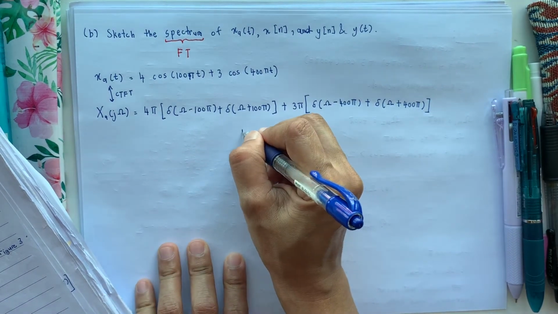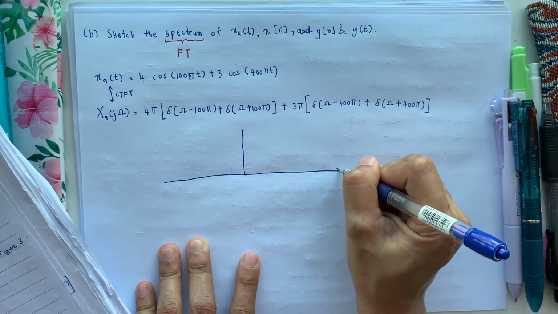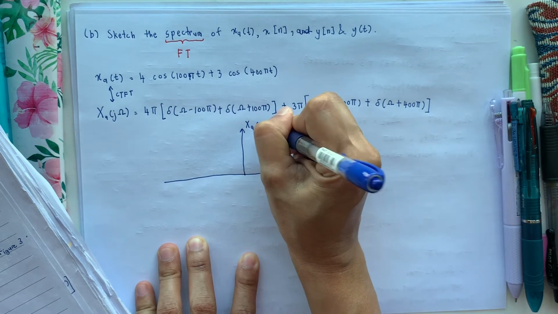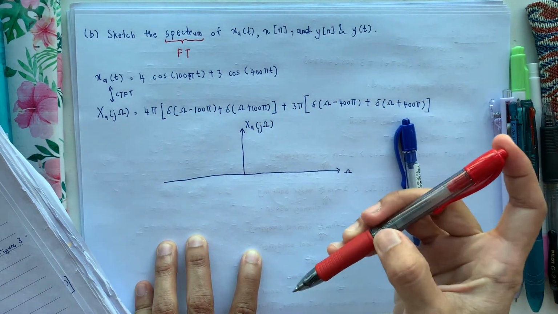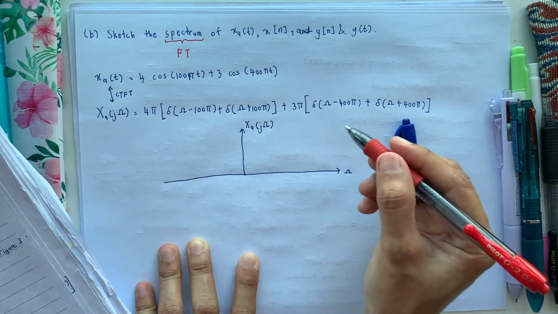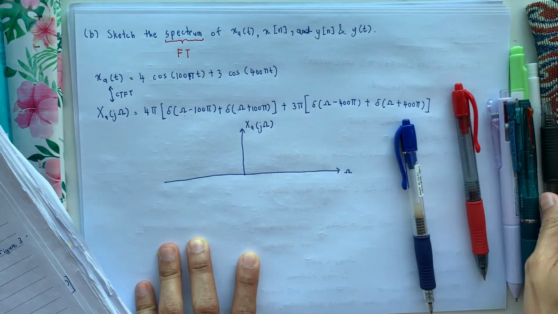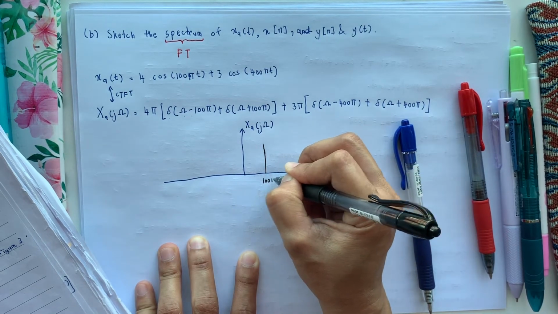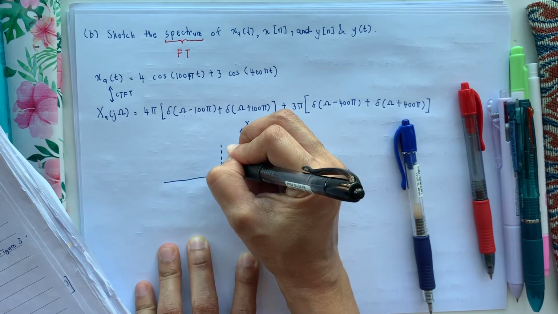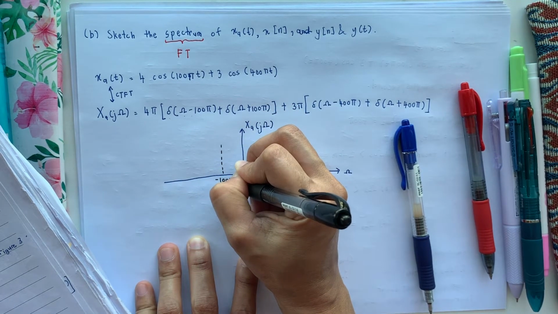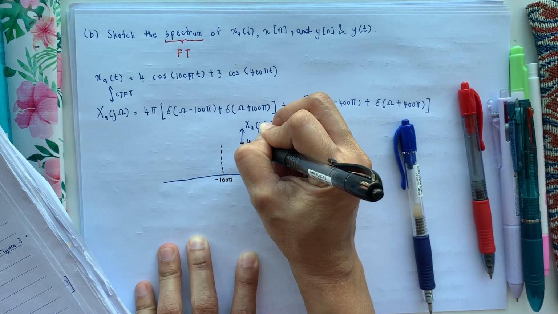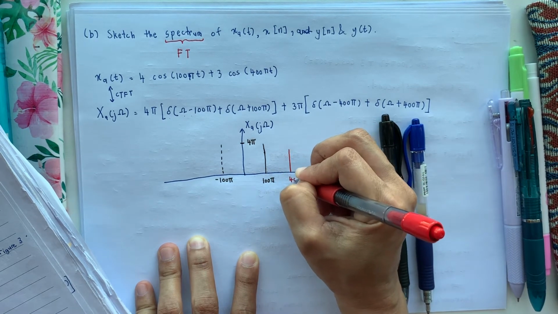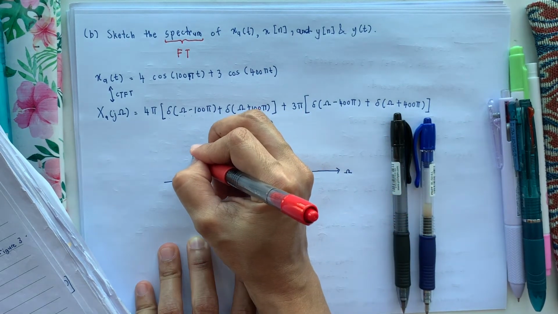Next we have to sketch the spectrum. Don't forget to label your graph, otherwise you will lose marks. For δ(ω−100π) we have here 100π and minus 100π, with amplitude 4π, and then at 400π and at minus 400π.